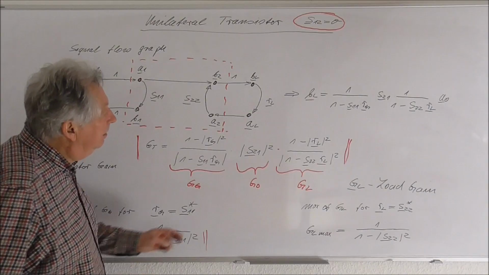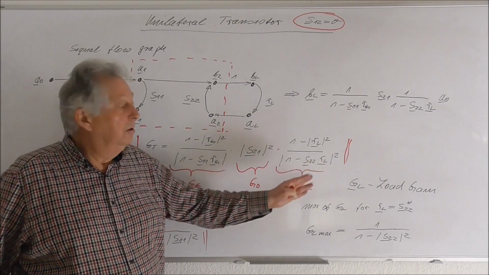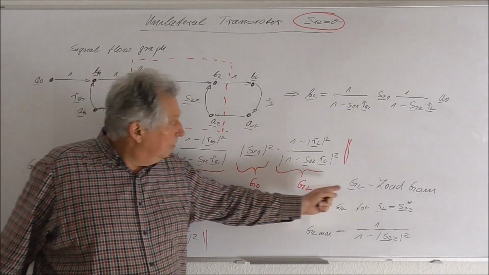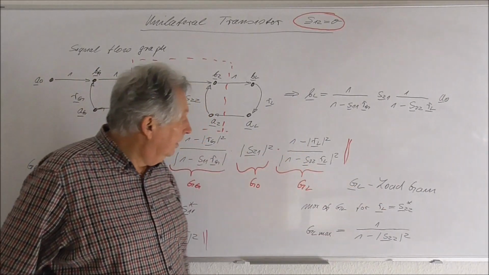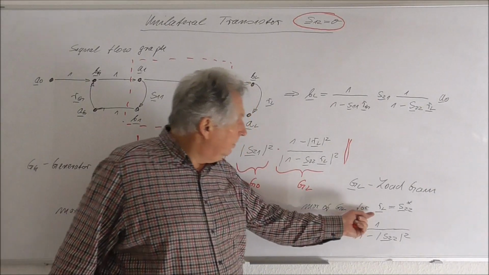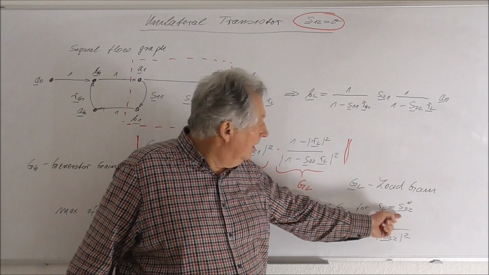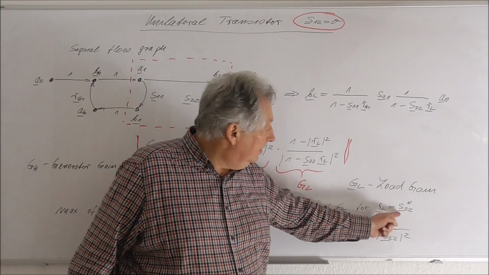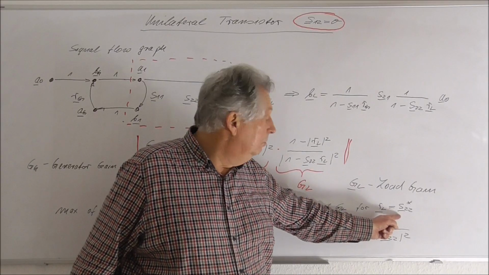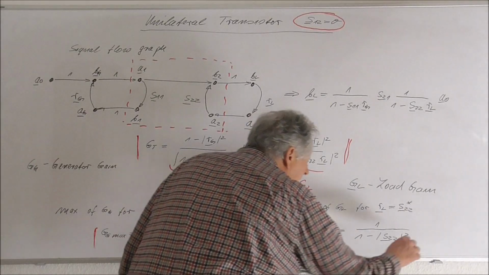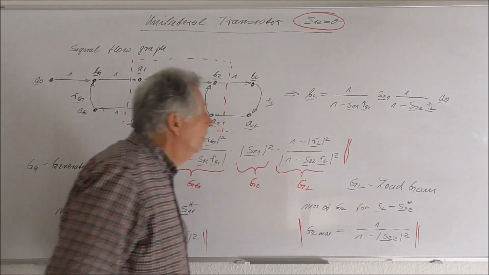And of course, on the other hand, I can also calculate now under which circumstances the load gain becomes a maximum, and then we also see that the load gain will become a maximum as soon as the load reflection coefficient is equal to S22 conjugate complex, and this again gives us the maximum.